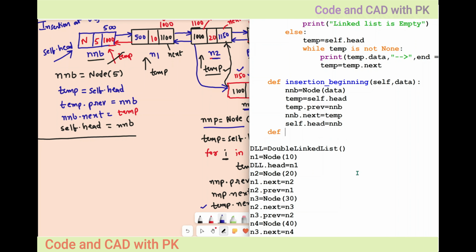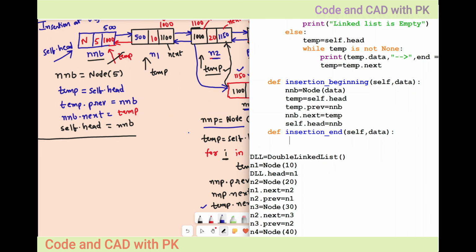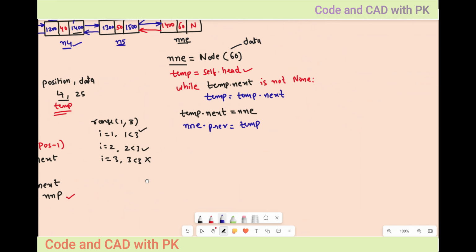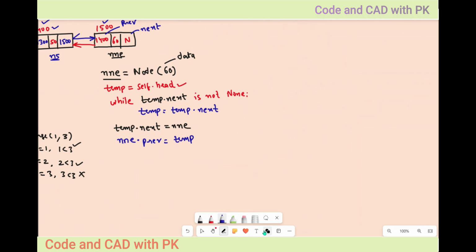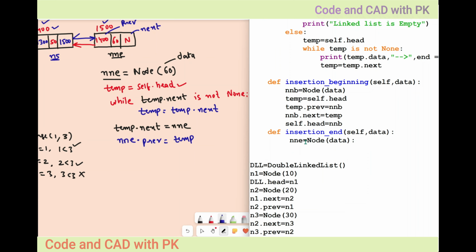Okay, next define insertion underscore end, self comma data. Same steps. I am going to write these steps here. nne is equal to node of data. Temp is equal to self dot head.